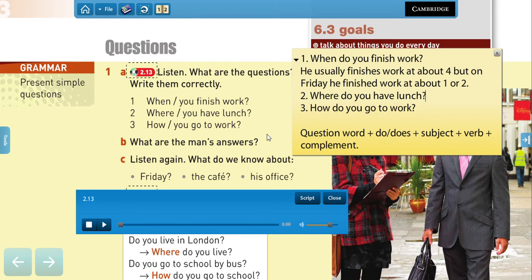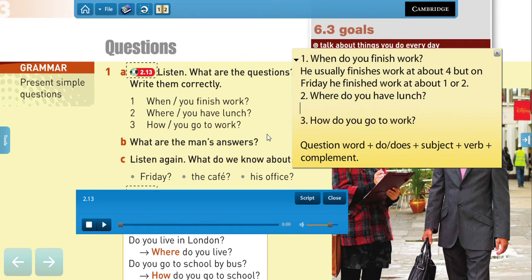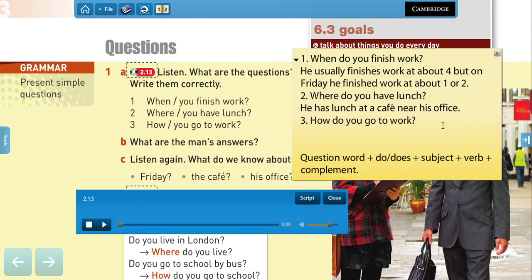Where does he have lunch? He has lunch at a cafe near his office. So what do we know about the cafe? That the cafe is near his office. Very good.